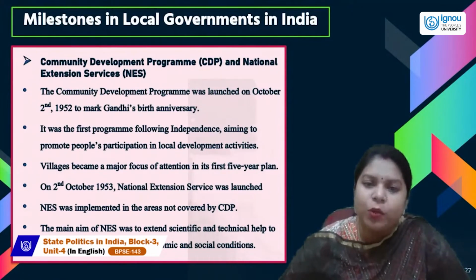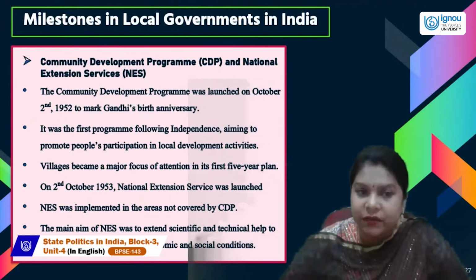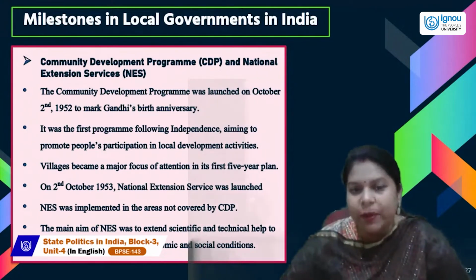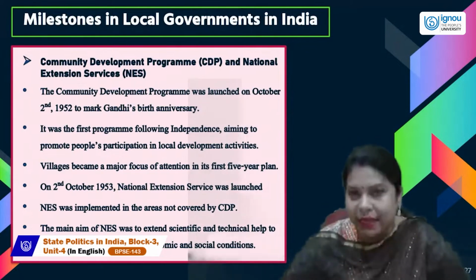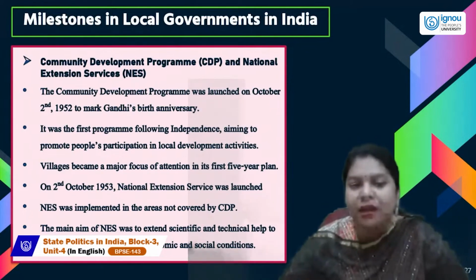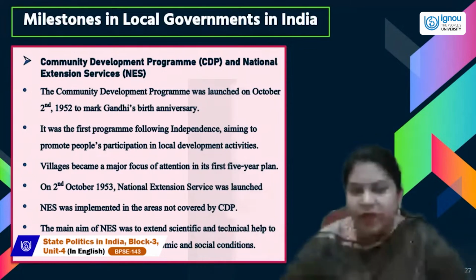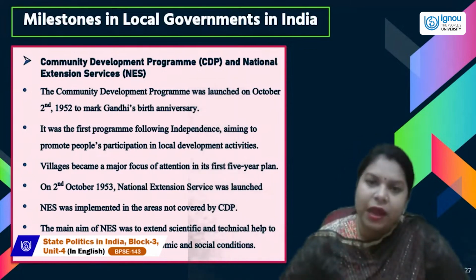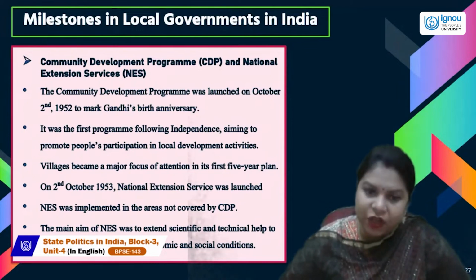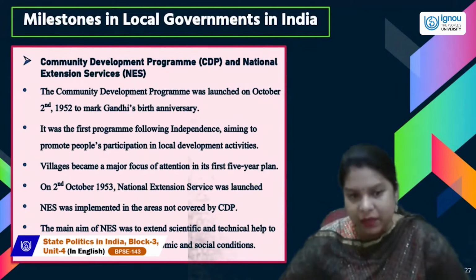First, the Community Development Program and National Extension Services. The Community Development Program was launched on October 2nd, 1952 to mark Gandhi's birth anniversary. It was the first program following independence aiming to promote people's participation in local development activities.